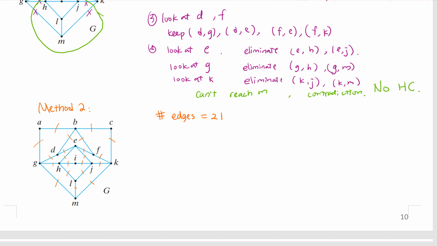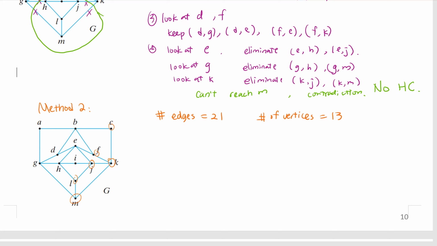And then next, you want to count the number of vertices. So 1, 2, 3, 4, 5, 6, 7, 8, 9, 10, 11, 12, 13. So there are 13 vertices.